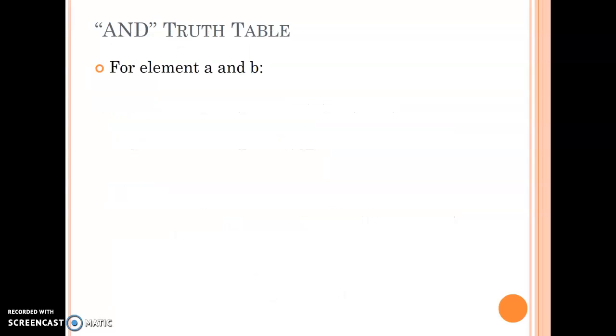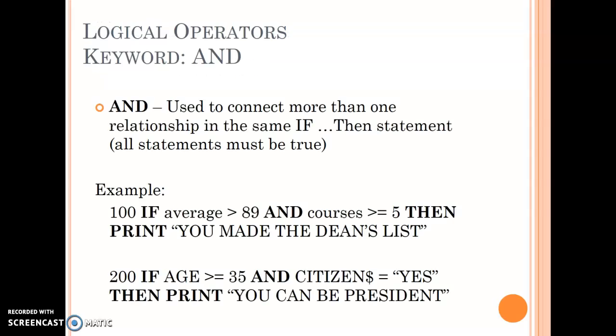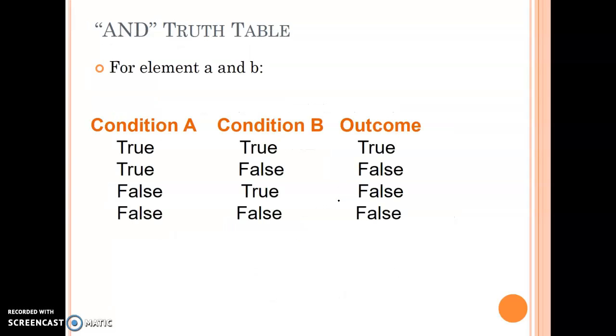So let's talk about the truth table of the and operator. If I have element A and element B, with A and B representing test conditions, very similar to what we had in the previous statement, the outcome of A and B is as follows.